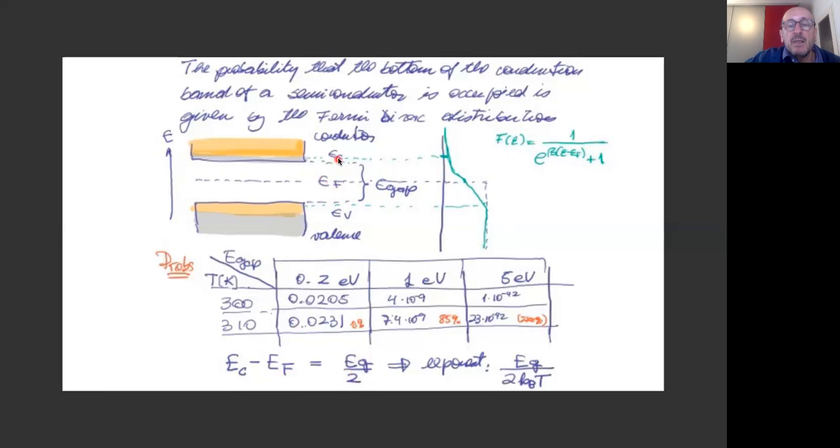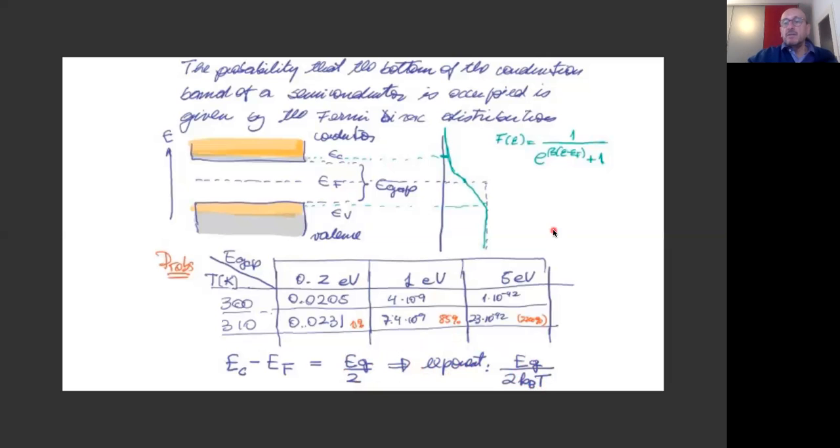And the gap is equal to EC minus EV. Since the Fermi level is in the middle of the gap, the distance from EC to EF is E gap over 2. So the term that goes to the exponent is E gap over 2 divided by kBT.